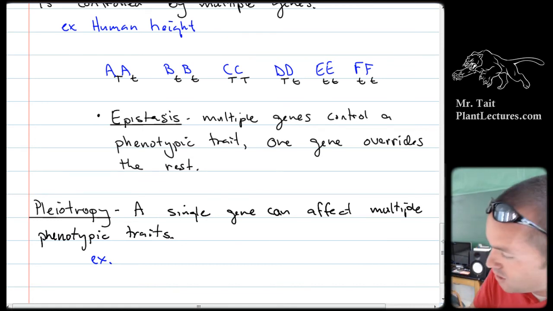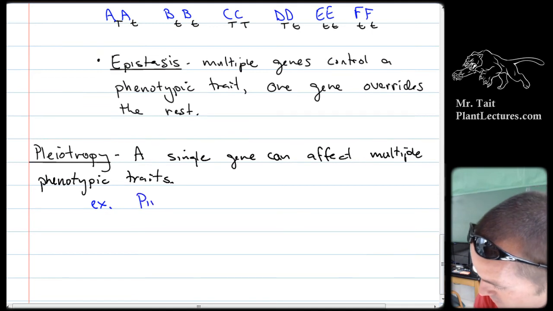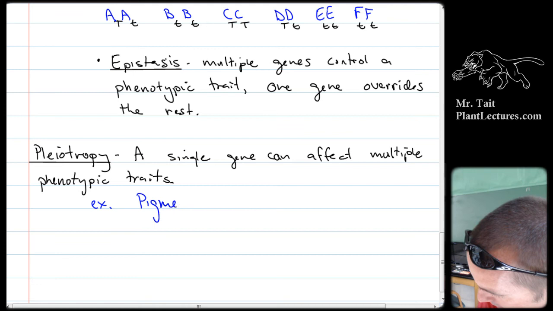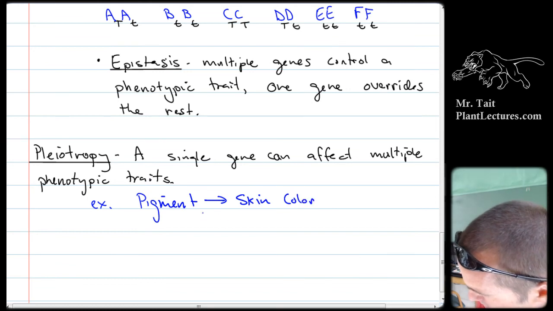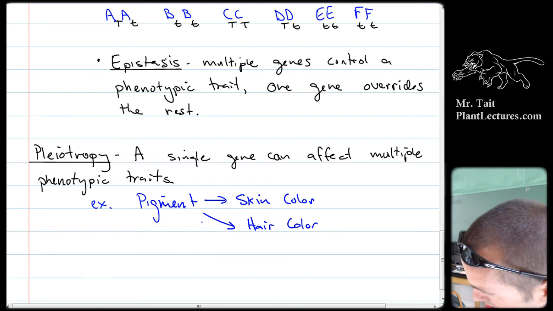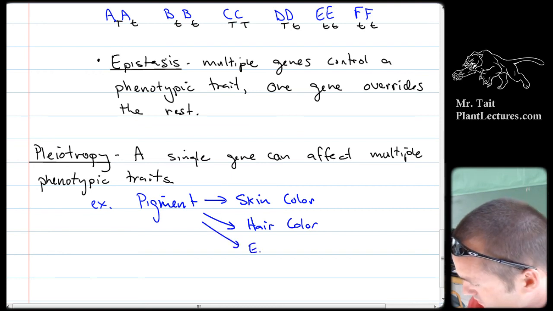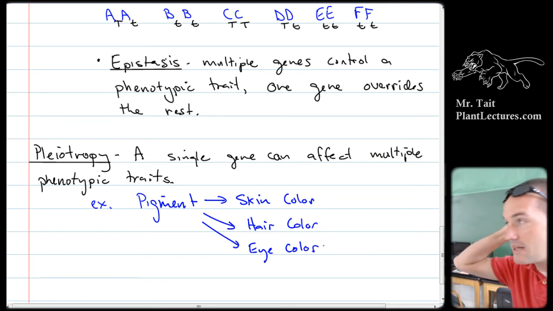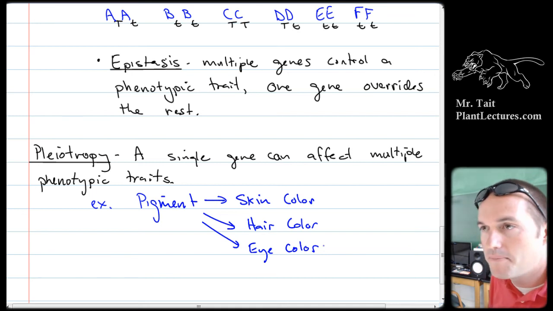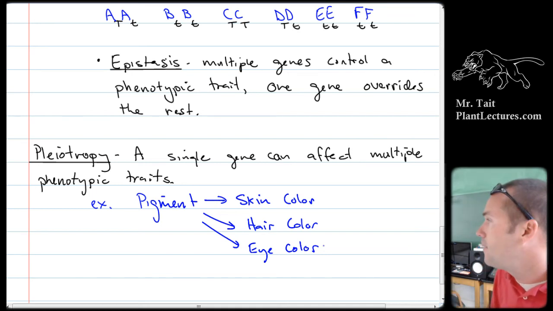So the pigment goes to skin color, hair color, and eye color. If you do not produce this pigment, you will lack characteristic skin color, hair color, and eye color because you're not producing that pigment.